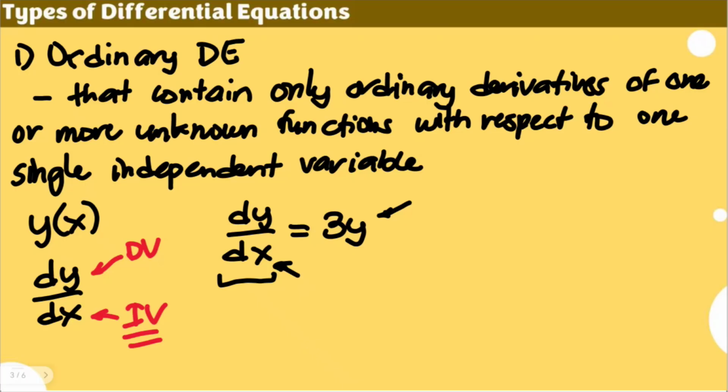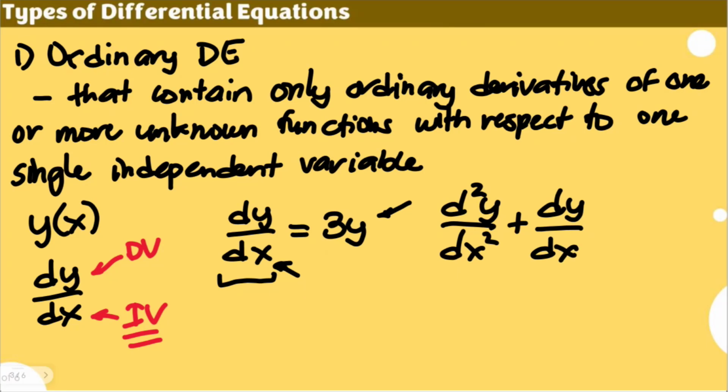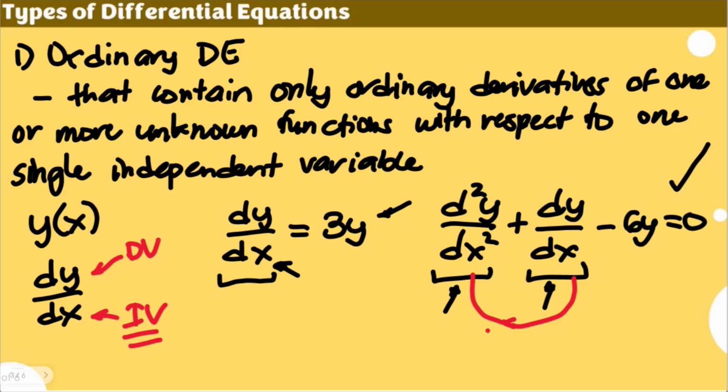Similarly, if we have the second order derivative of y with respect to x, plus the first order derivative of y with respect to x, minus 6y is equal to 0, this is still an ordinary differential equation. This is the ordinary second order derivative, this is an ordinary first order derivative, and we still have the same independent variable, x. We have only one singular independent variable.